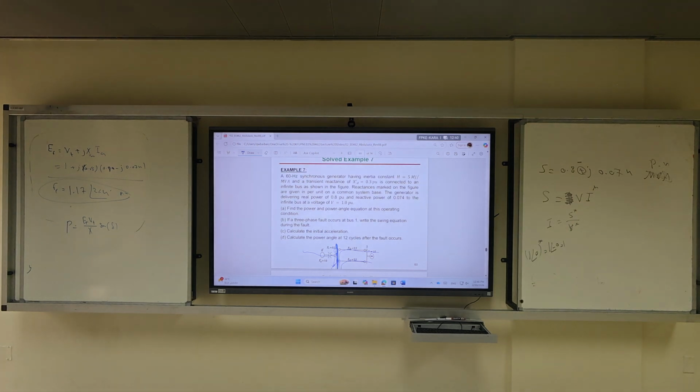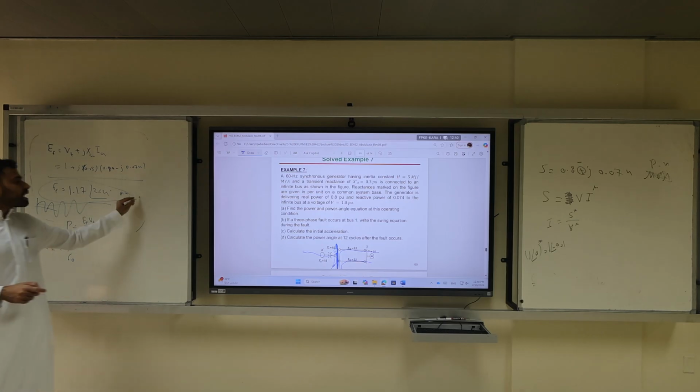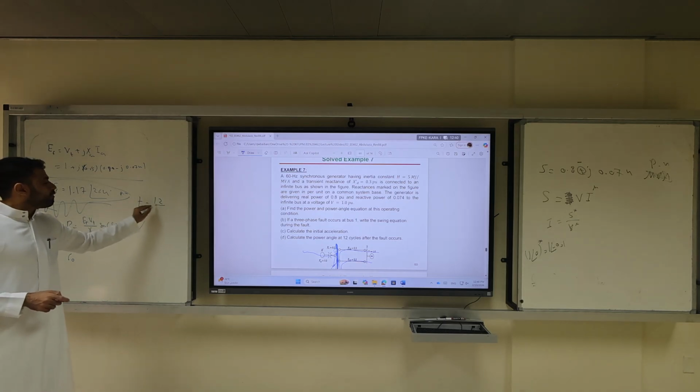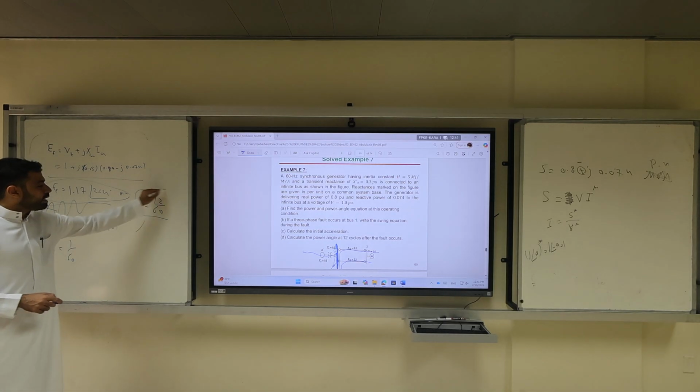What is one cycle? 1 over 60, right? Because in 1 second you have 60 cycles. This is one cycle. What is 12 cycles? 12 times. What is in time 12 cycles? 12 over 60, right or not?